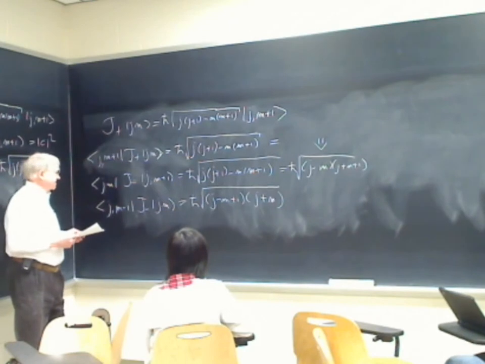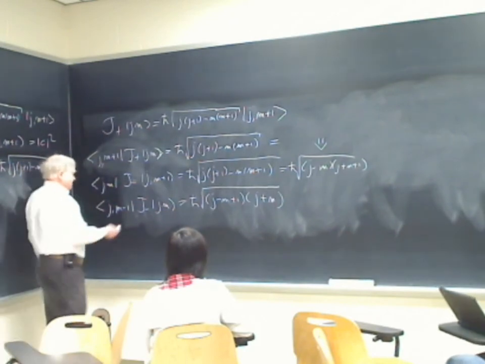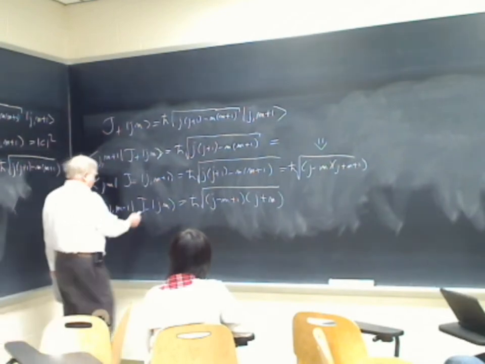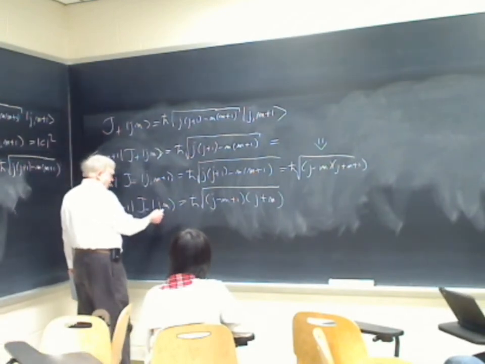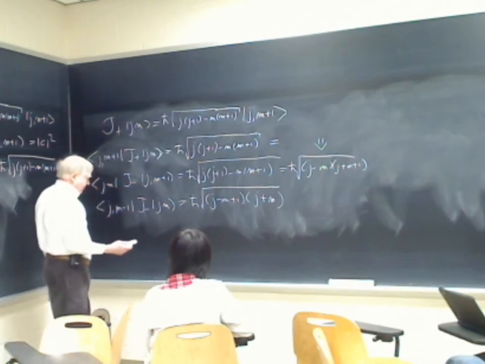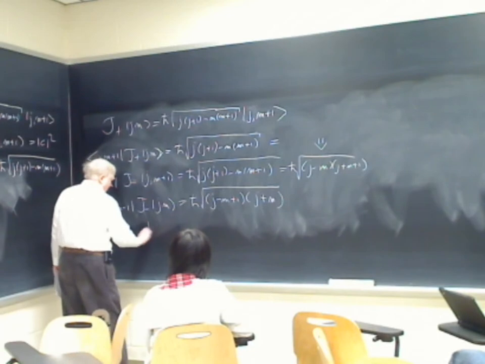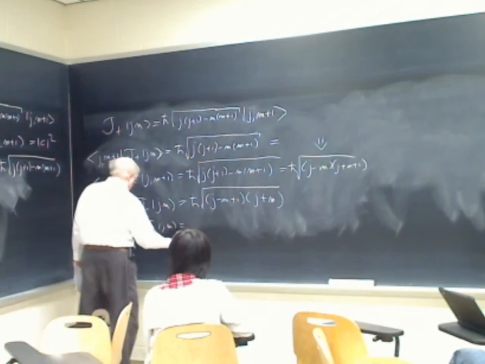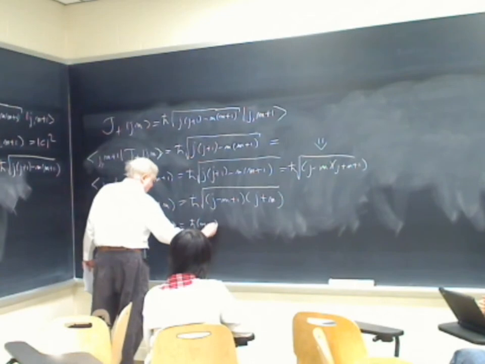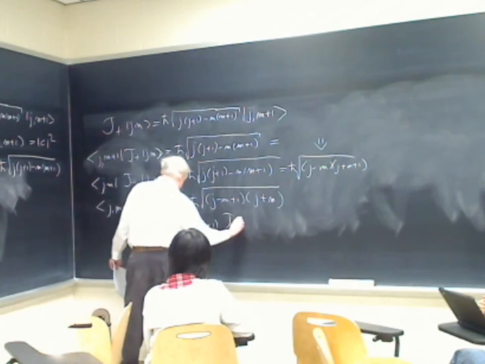Now, in fact, when we have this equation here, we see that this state J minus |j m> is an eigenstate of J3 with eigenvalue, in other words, J3 J minus |j m> is equal to ħ(m minus 1) J minus |j m>.